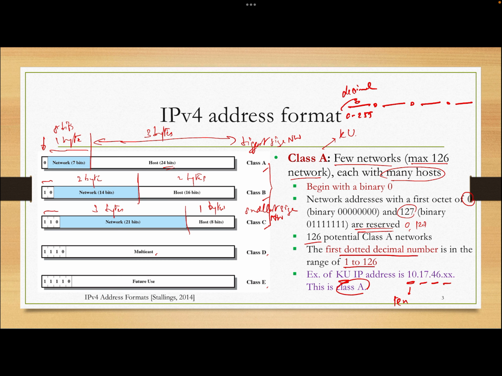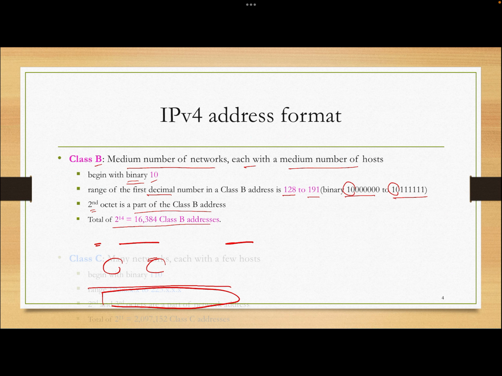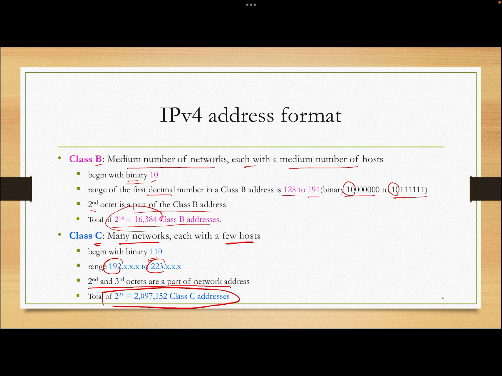You can check here: 14 and 21 are the number of bits for the network address for class B and for class C. So 2 to the 14 and 2 to the 21 are the number of networks of class B and class C, as I mentioned here.